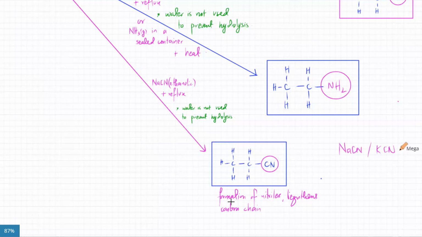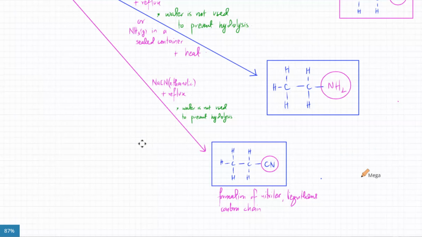So remember, Na and K are kind of interchangeable. Like potassium dichromate(VI) and sodium dichromate(VI) are kind of the same thing. Is that clear? Because the sodium ions and the potassium ions are spectator ions. They're just there. They don't have any role in this reaction. Is that clear? Yes, sir.